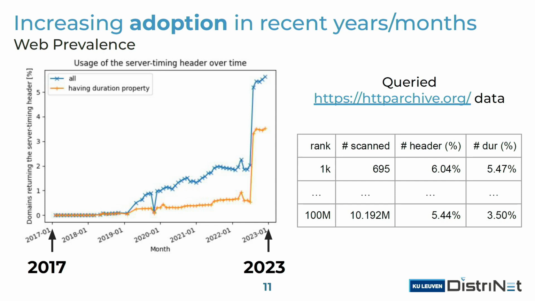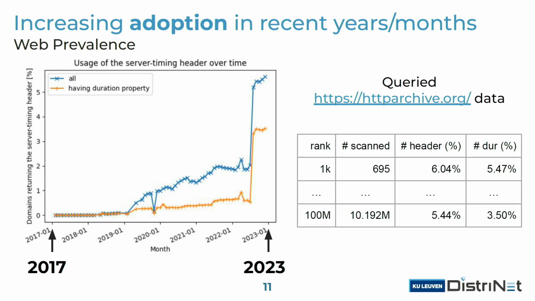We found that it's due to Shopify that started using this header all of a sudden. And it increases the use of the server timing header to almost 5.5%, actually more than 6%, but including the duration property, which is interesting for timing attacks, almost 5.5% of websites.